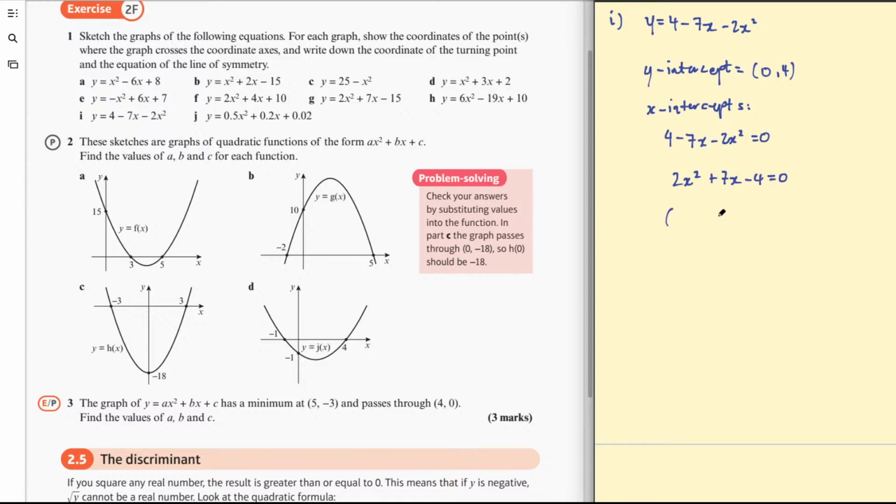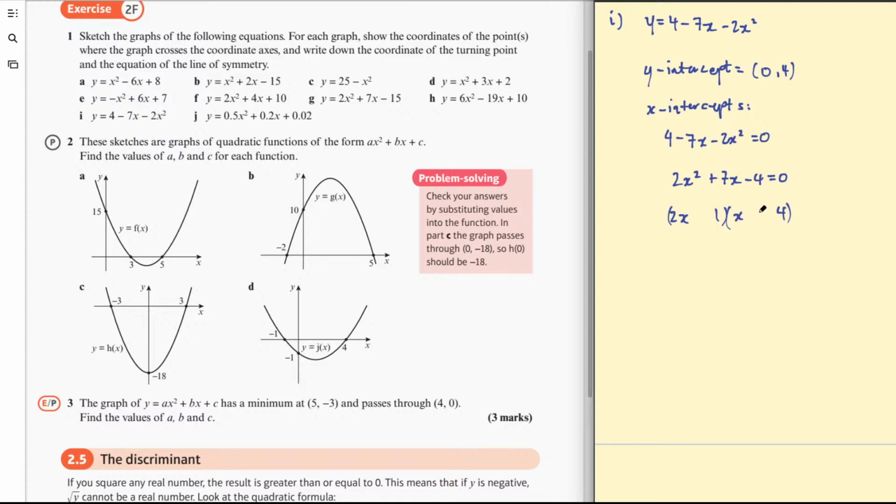And then let's see if we can factorize. So factors of 4 and 2 that make 7. Oh, that is going to work, I think. So actually, if we do 2 and 4 and then 1 and 1, can we make +7 and -4?